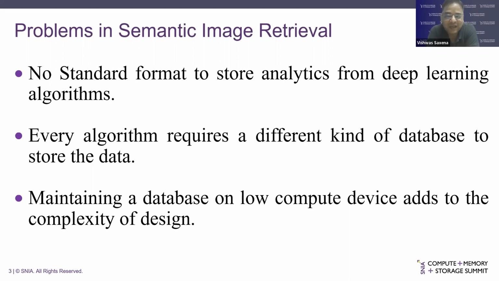So the lack of a unified structural format to store the deep learning analytics is really the problem, and different deep learning techniques first extract and then later store the analytics in different formats, making it very difficult to really connect the user query pipeline to the deep learning pipeline for image retrieval.